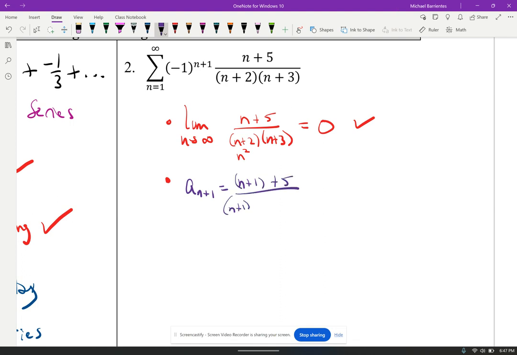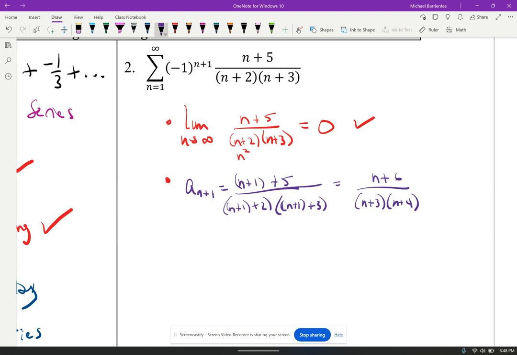So n plus 1 plus 2 multiplied times n plus 1 plus 3. Now, if I simplify this, that's n plus 6 times n plus 3 times n plus 4.